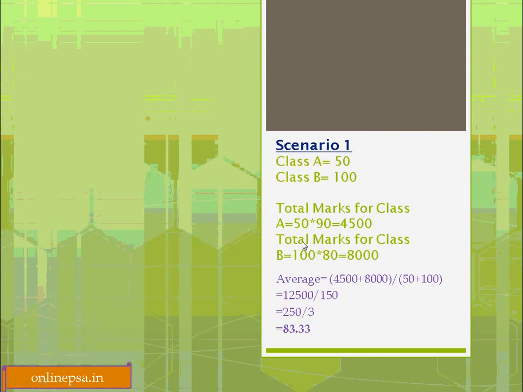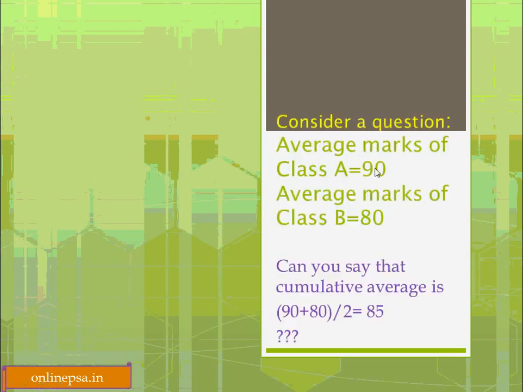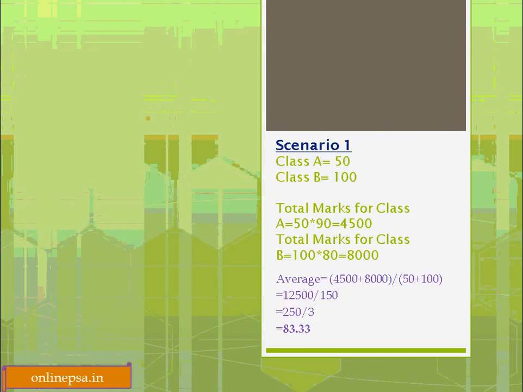Scenario first says class A has 50 students and class B 100. The total marks for class A will be given by 50 multiplied by 90. 50, as I already said, is the strength of class A, and 90 is nothing but the average marks of class A. That gives us the total marks for class A as 4500.